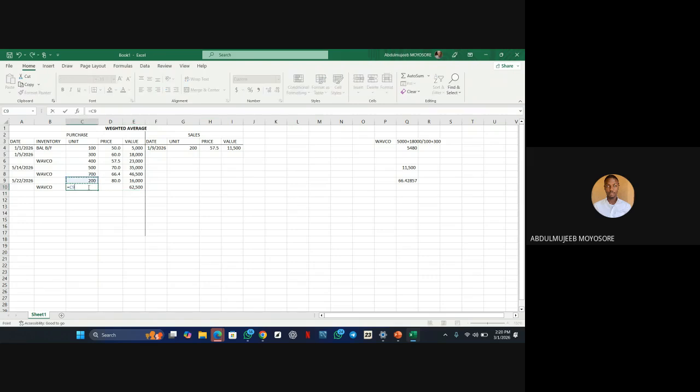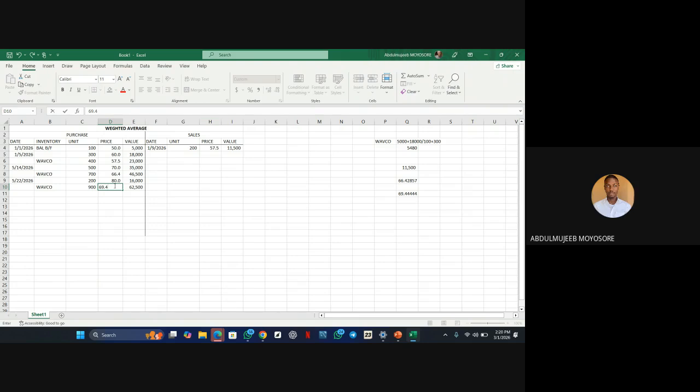We had 700 on ground before plus the 200 that we just bought, 900. So our WAFCO is this divided by 900. What did you get? 69.4.